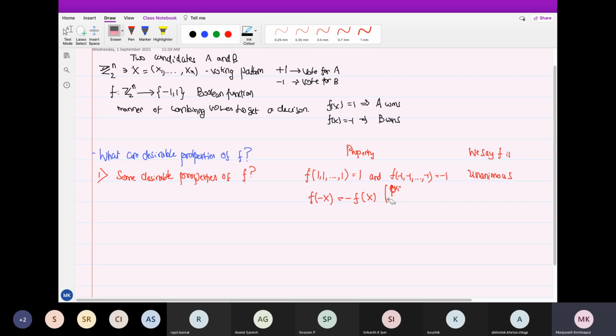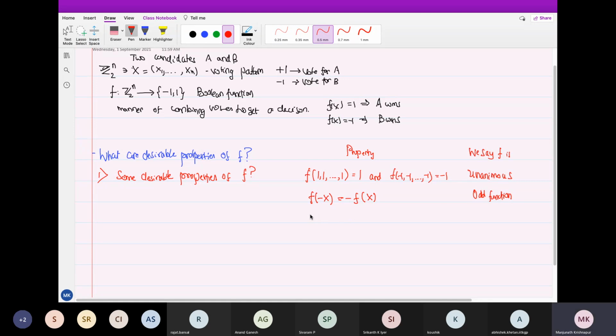If n is even, well, okay, it may be there. So let's just say this. This is an odd function. That's all. So it means if everyone flips their vote, then the decision also flips. Makes sense, right? That's odd. So we say f is odd.